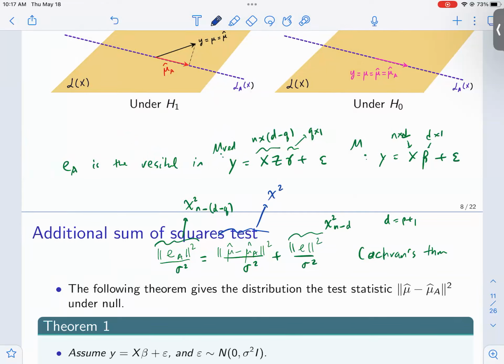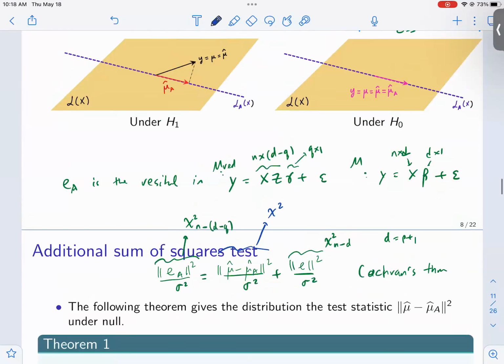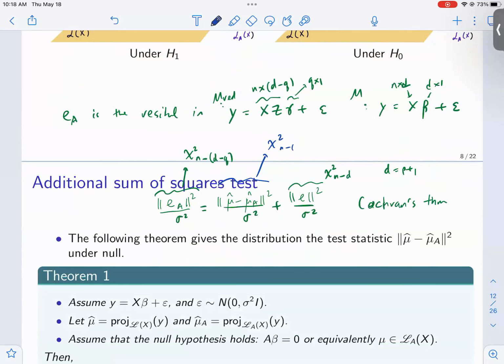It should be q, the difference of these 2, since the degrees of freedom should add up. n minus d minus q minus n minus d turns out to be just q. If I add q to this, I get back that.